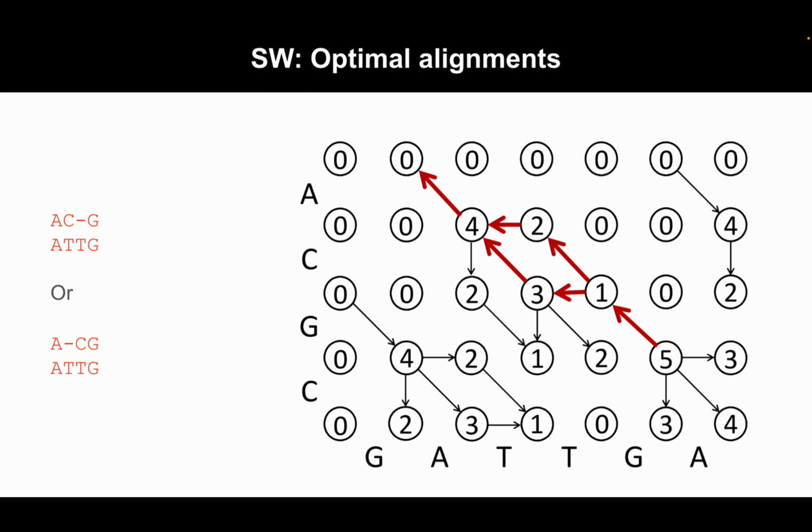You will stop once you get a 0, because the 0 value in this case represents the start of your indels, like the start of dash, dash, dash, dash, dash. So you stop here, right? You stop at the location where you get a score. This is the beginning of your alignment. So if from any particular location you have to make a jump to 0, that means you came from a dash.